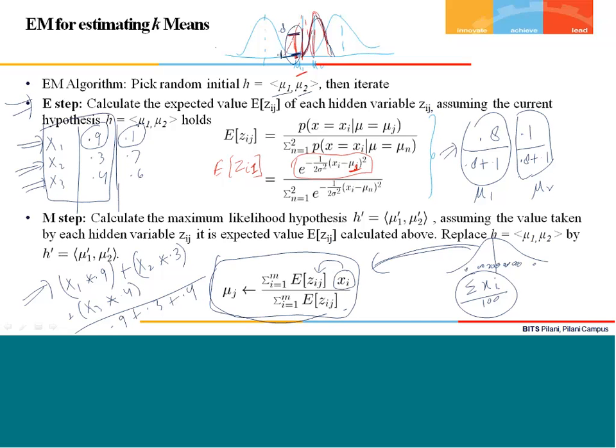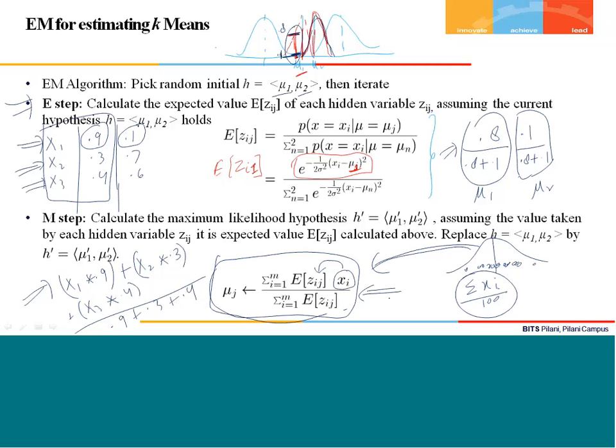So when you calculate the expected values of Z1 and Z2, in the maximization step you are just trying to find the maximum likelihood of the mu. The formula is a weighted sum, because the expectation is in terms of a probability. You take the value of x and multiply it by the expected value, because that is the weight that it belongs to mu1 and the weight that it belongs to mu2.